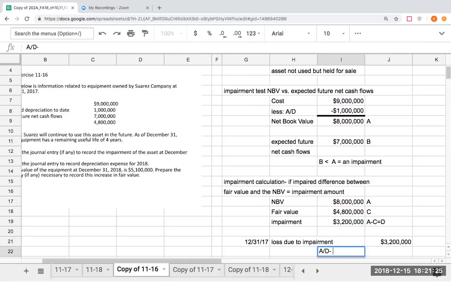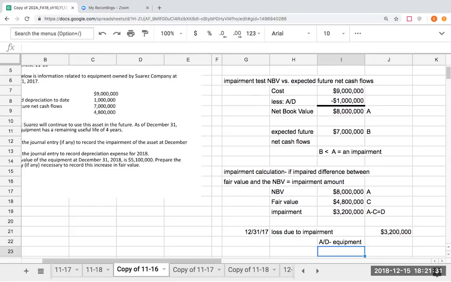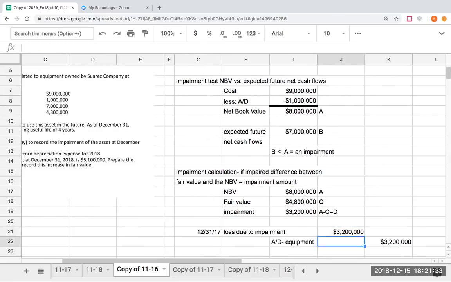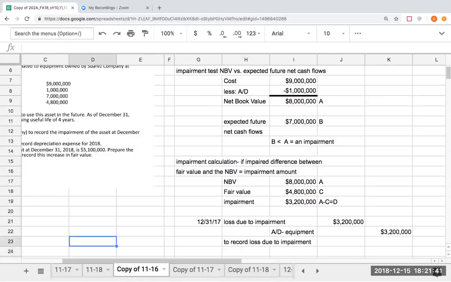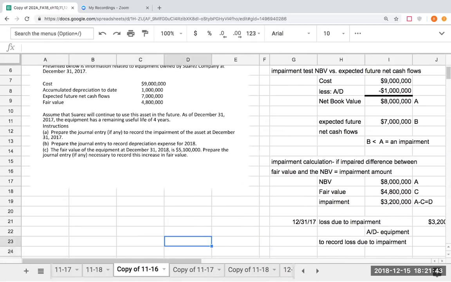And then I'm going to have accumulated depreciation on the equipment of $3.2 million to record the loss due to impairment. That is going to be similar whether we're holding the asset for sale or using the asset.